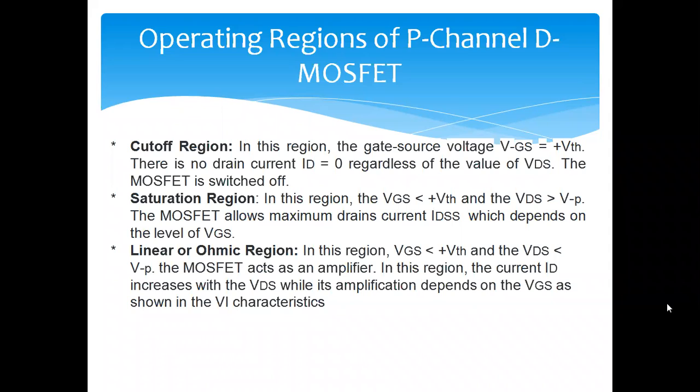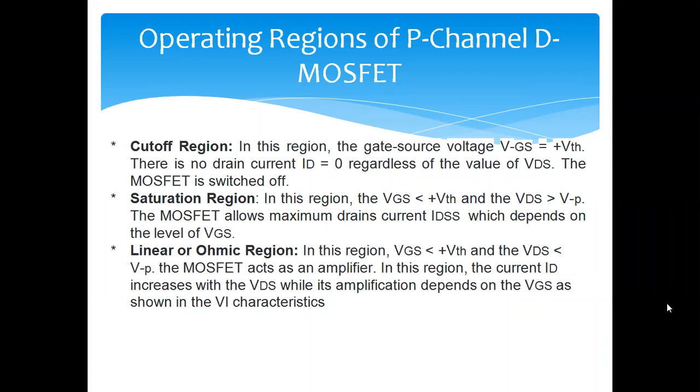Here, as it's a p channel, VTH is positive, so VGS is less than or equal to VTH. There is no drain current, that means current will not flow. ID will remain zero regardless of any value of VDS. It is switched off. This is the cutoff region.